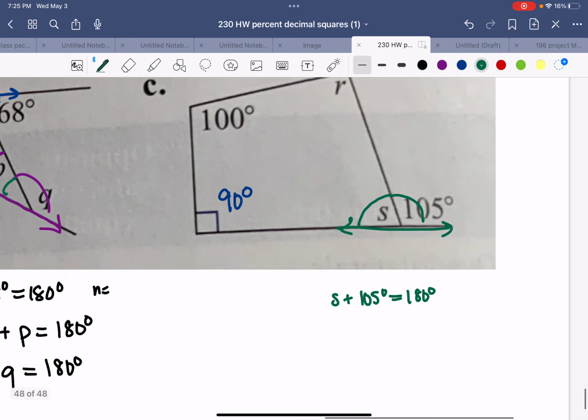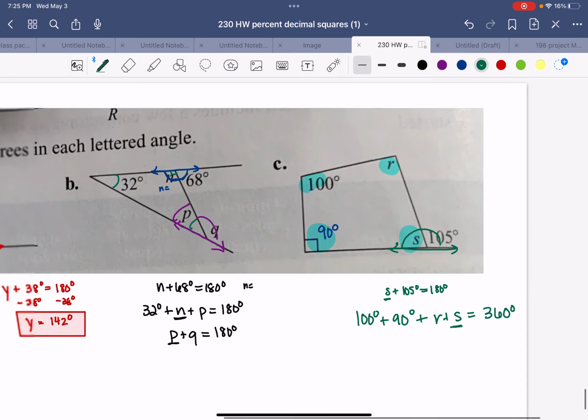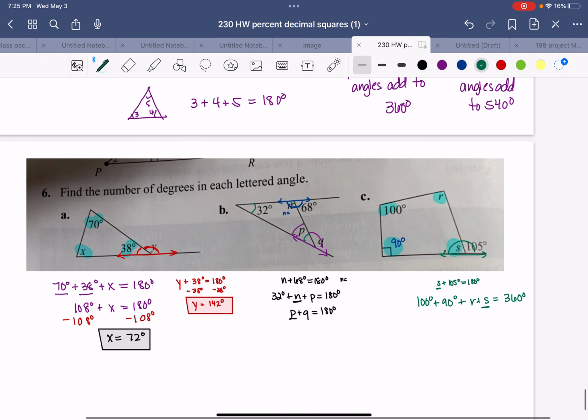So when we look at the angles of our quadrilateral, we're talking about this one, this one, this one, and this one. Okay. And when you add those four up, so 105, 90, R, and S, you should get 360 degrees. Right? Once you find S from here, you can plug it into here, and that will allow you to solve for R. Okay, so that's kind of how this goes.